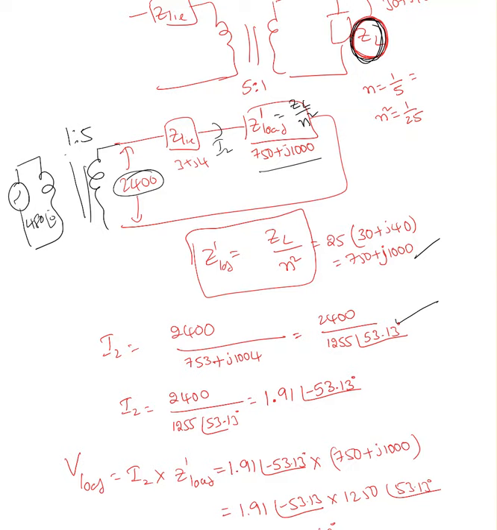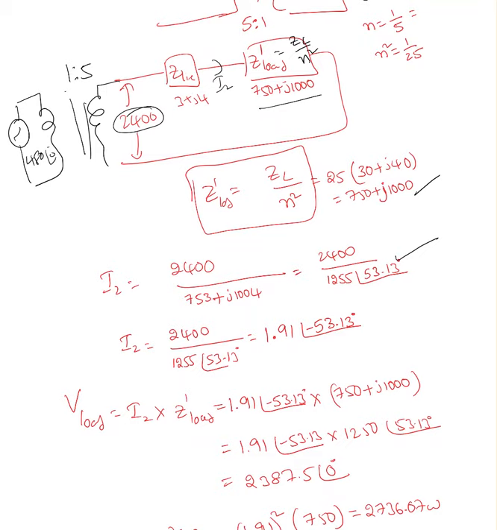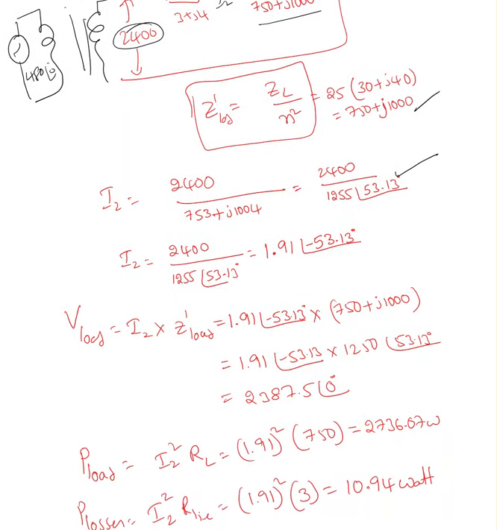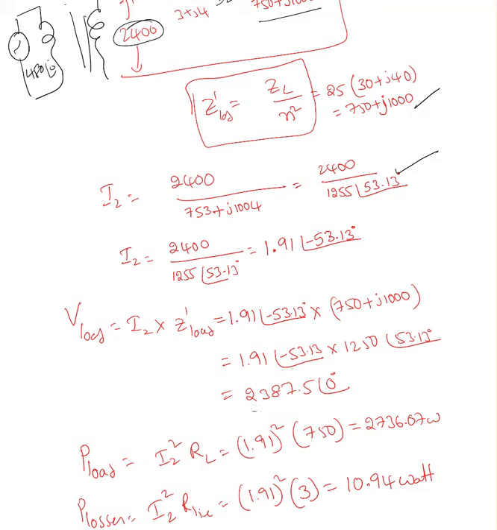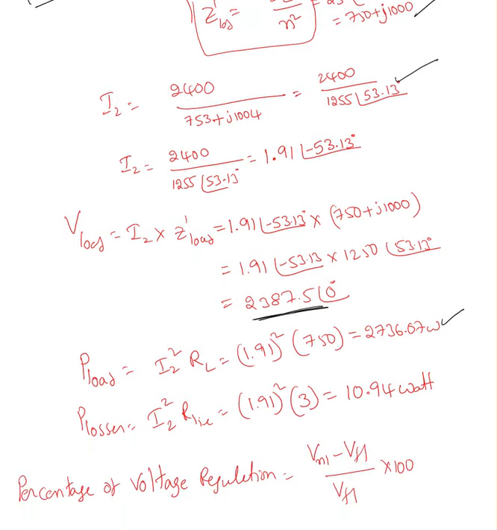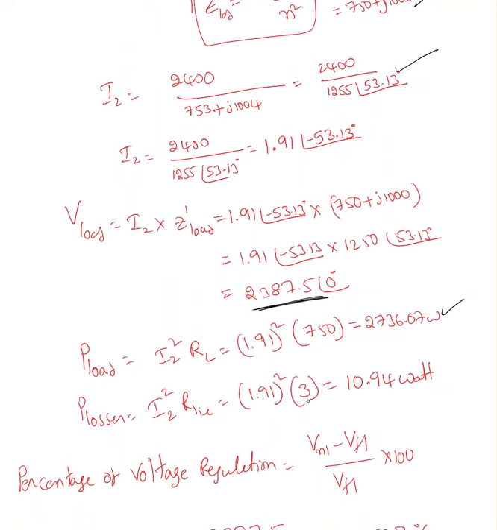Based on I2, I can use the same values, without transferring again, to find the efficiency as well as the voltage regulation. I found the voltage drop across the load is 2387.5. The power consumed in the load is I2 square times RL, and the power losses are I2 square times R line. So this is load and line, don't confuse with RL.